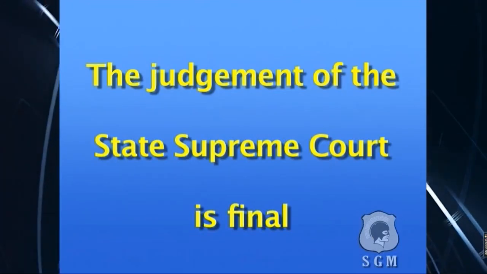The Supreme Court decides issues in the same manner as the appellate court. However, there is no court higher than the state Supreme Court to which to appeal. The judgment of the state Supreme Court is final, with some exceptions, and that is when it is appealed to the United States Supreme Court and they are willing to hear the case.